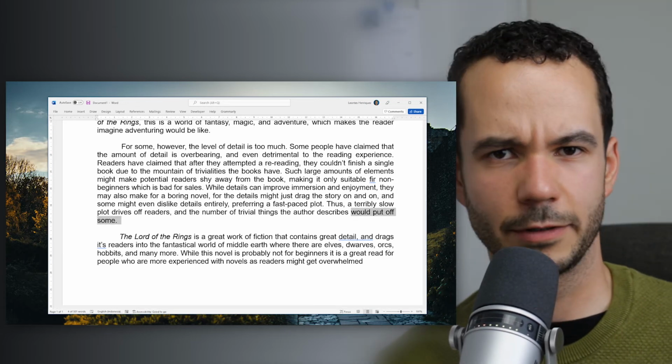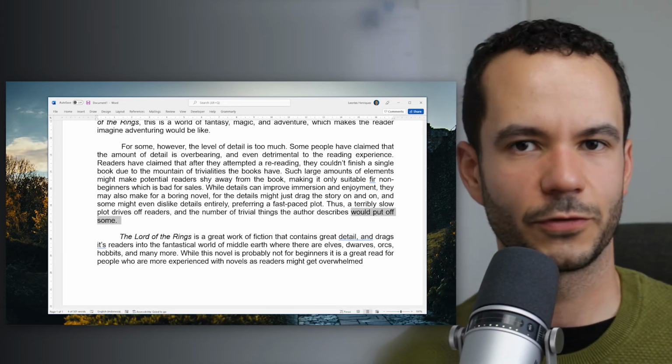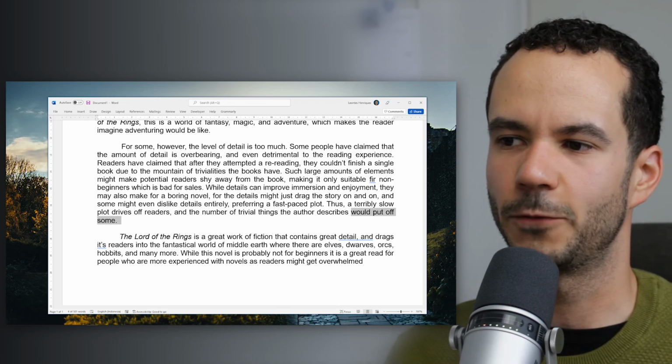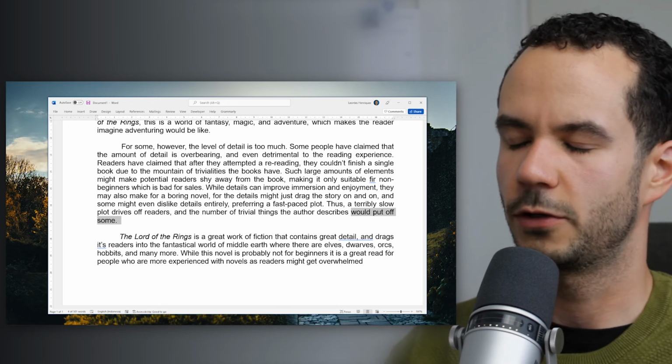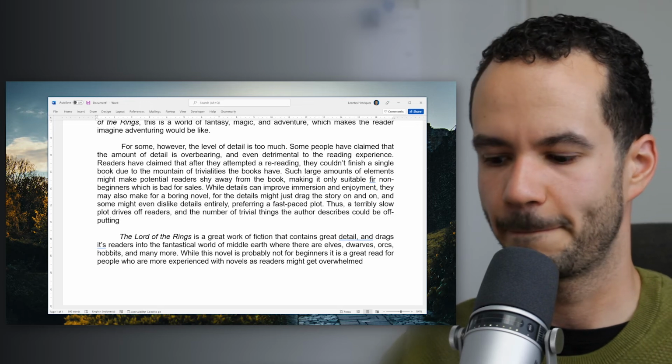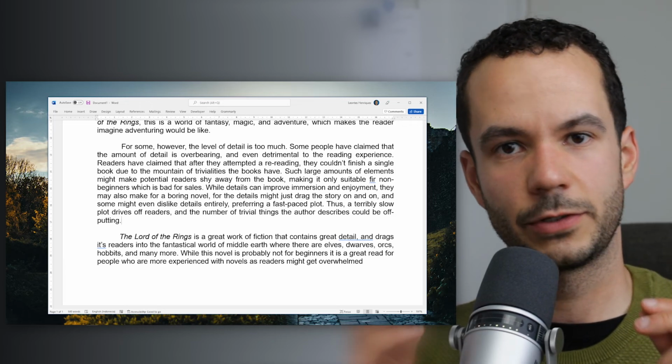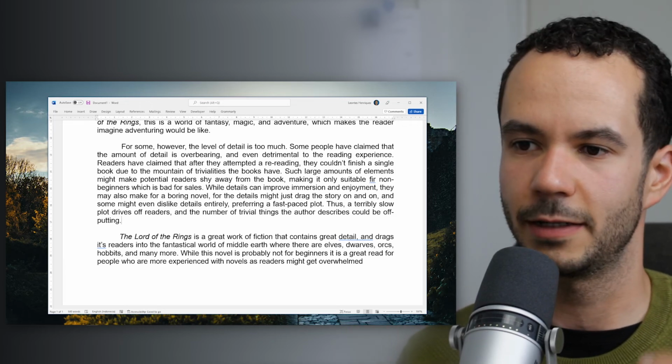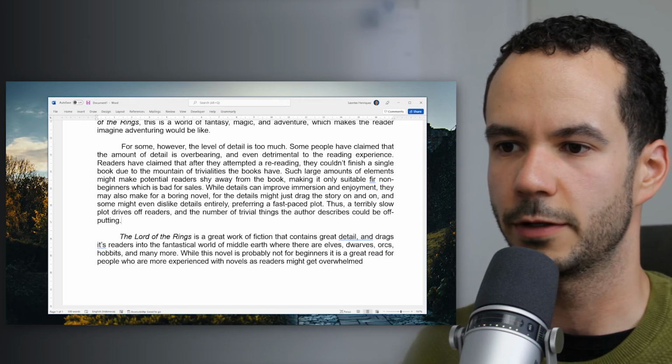And I'm going to use could here to decrease the level of certainty for this happening. So I'm going to say could be off-putting. Again, off-putting is used as an adjective here, so we need a hyphen between these two words.